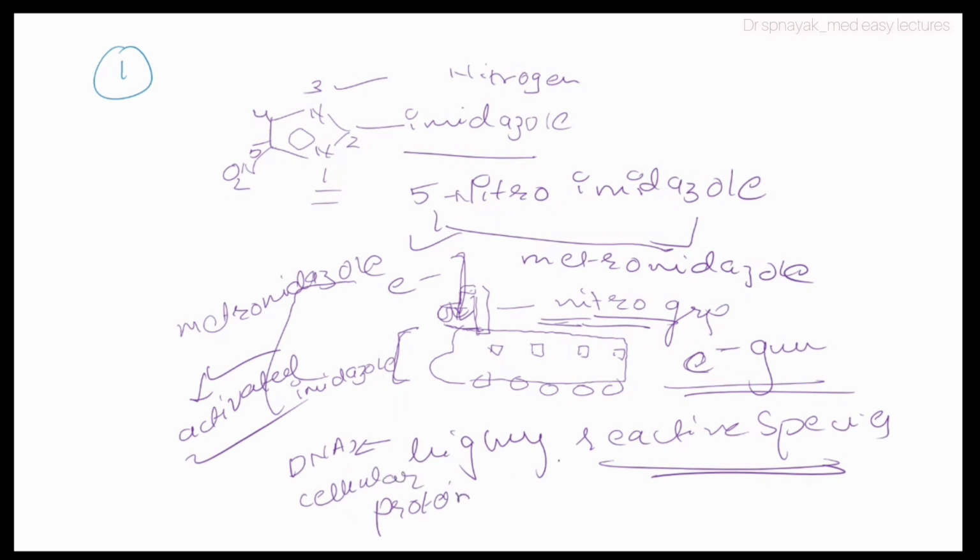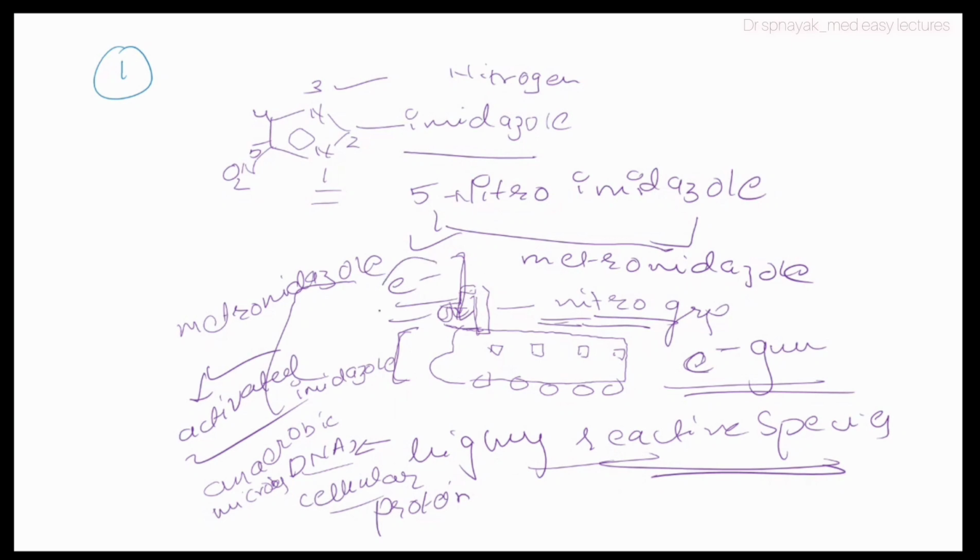Okay? When it becomes highly reactive, it becomes like a reactive radical. And it damages the DNA and the cellular proteins of the anaerobic microbes. Now, this electron, which is required for the activation of metronidazole, is also present in normal cellular metabolism.